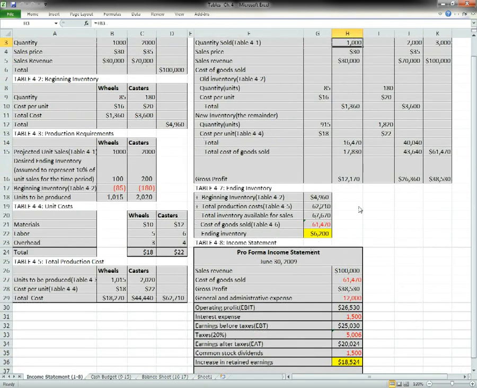Likewise, our inventory number, which we developed in table 7. See an inventory number here of $4,960. Later on, it's going to change to $6,200.